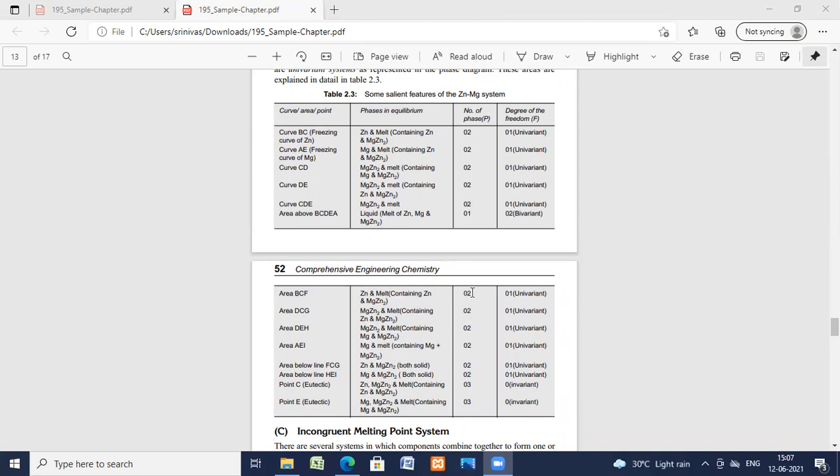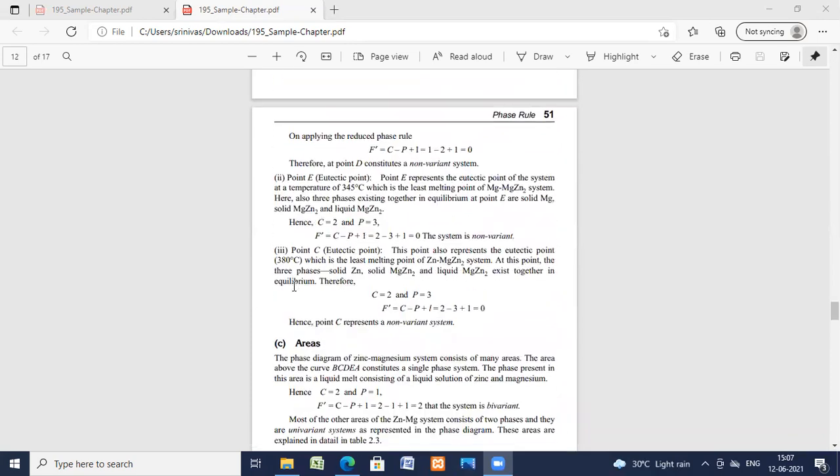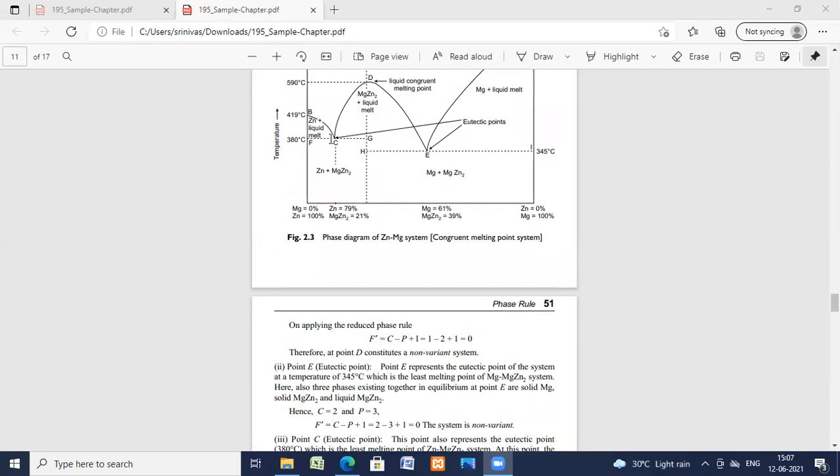We get P is 2, C is 2, univariate system. BCF, this area, Zn plus liquid melt: 2 phases, 2 compositions, F is 1, univariate.